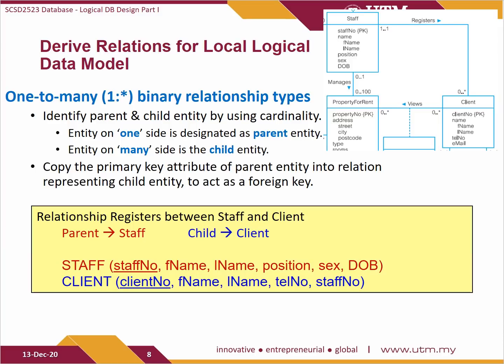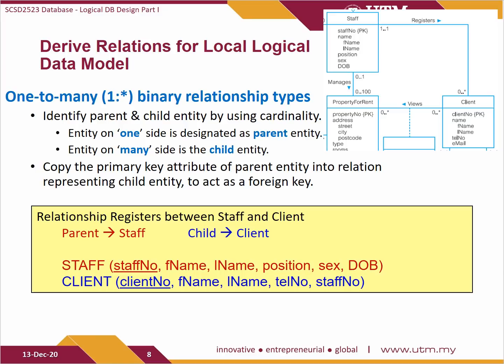Okay, the next structure is one-to-many binary relationship types. For each one-to-many relationship, we need to identify parent and child entity by using cardinality.